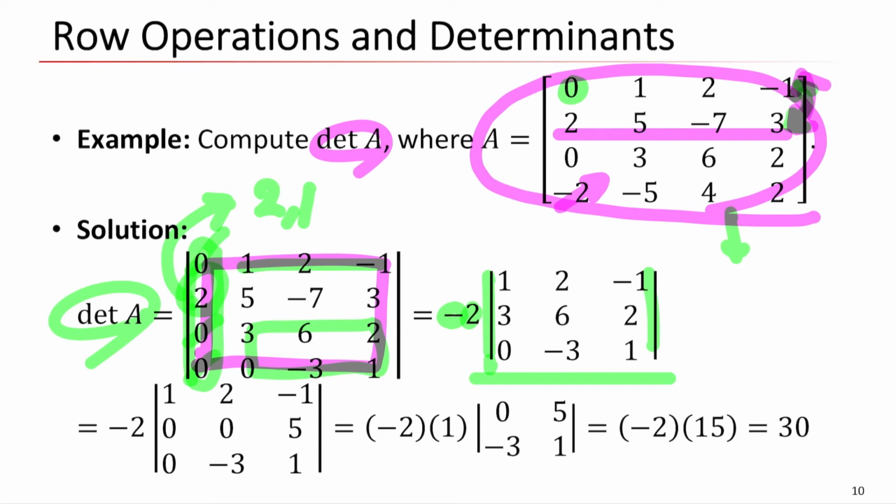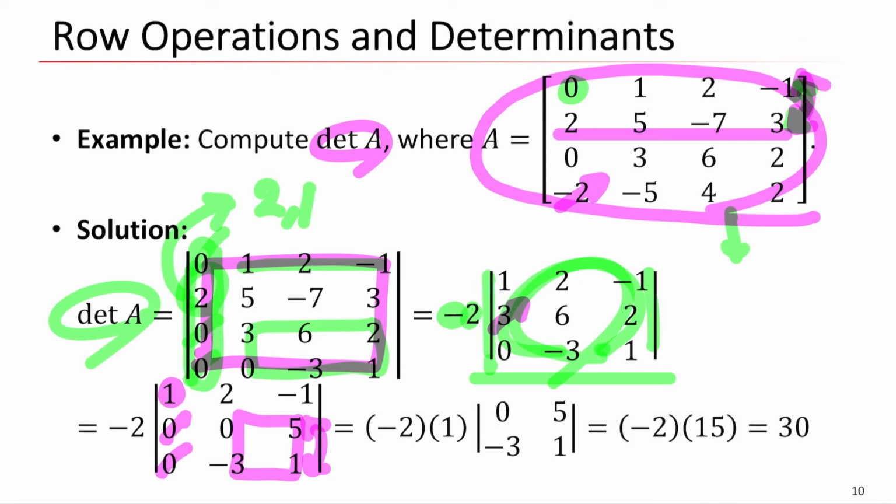So what are we going to do next? From here, now we can row reduce this one, by eliminating this term. Then we have to replace these two rows. But as we discussed previously, from here we can just use the cofactor based method by using this term and this submatrix.